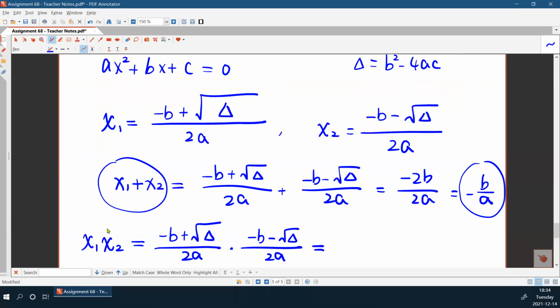Can you tell me what is the product of the two roots? And note here the delta is actually b squared minus 4ac. So can you calculate the result? Tell me what should I put here?